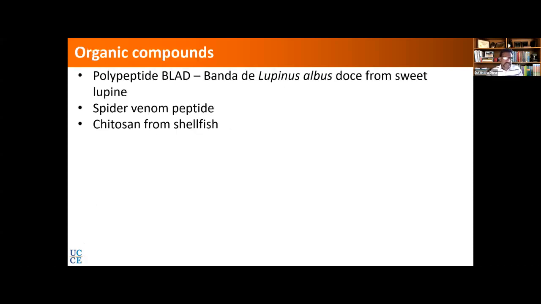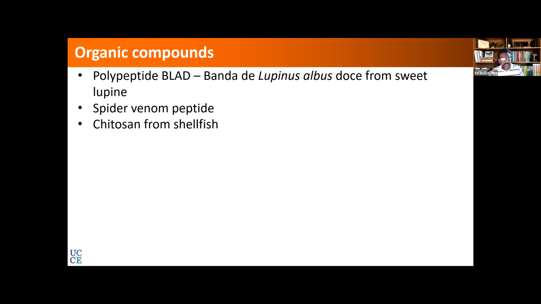Then we have these organic compounds. So Blad is a polypeptide that comes from germinating sweet lupin seeds. Then this spider venom peptide, you're familiar with that one too. It is a new class of mode of action, a recently added active ingredient.